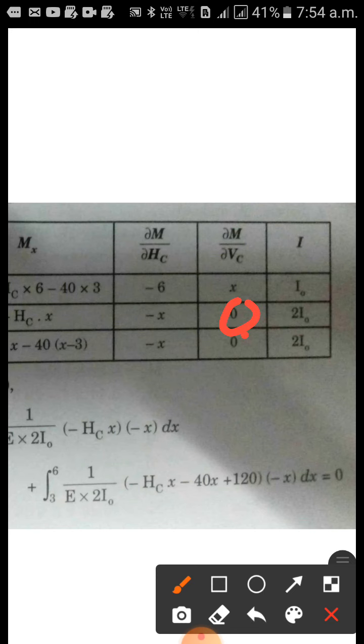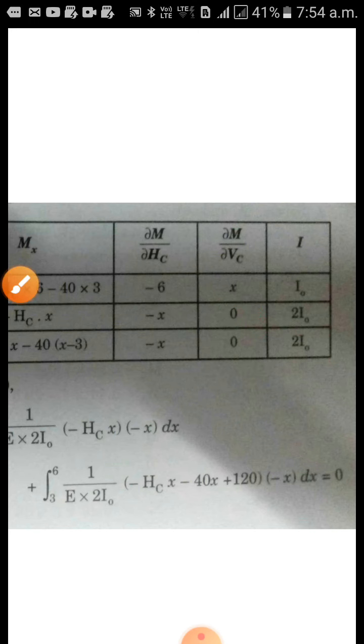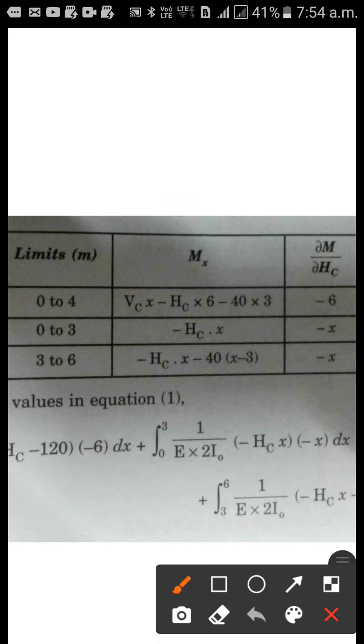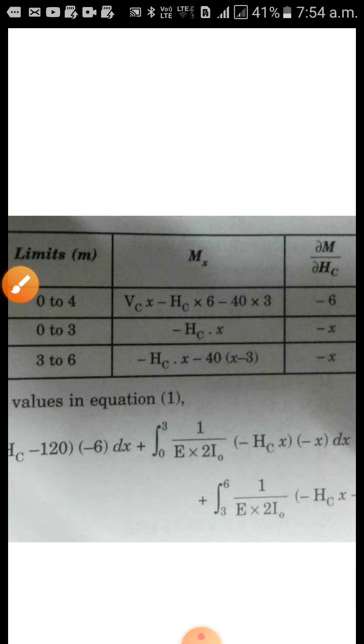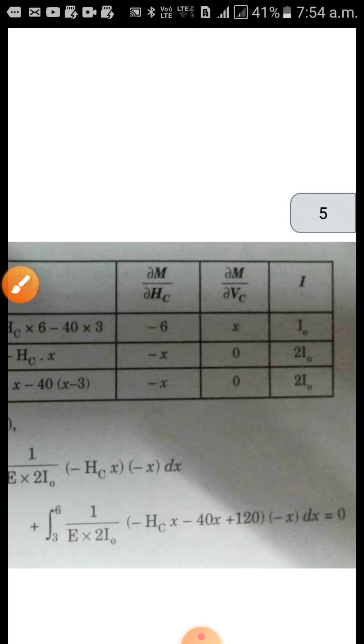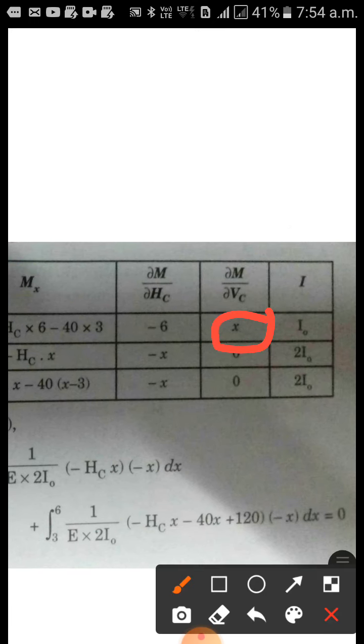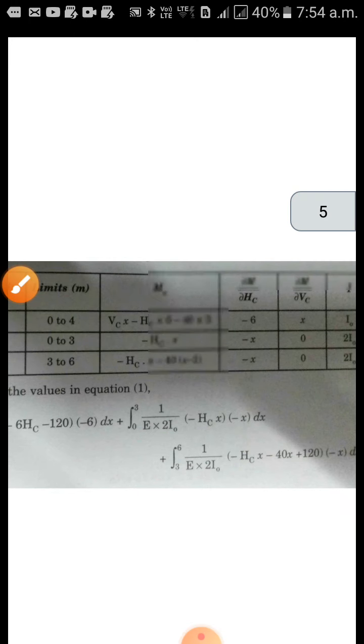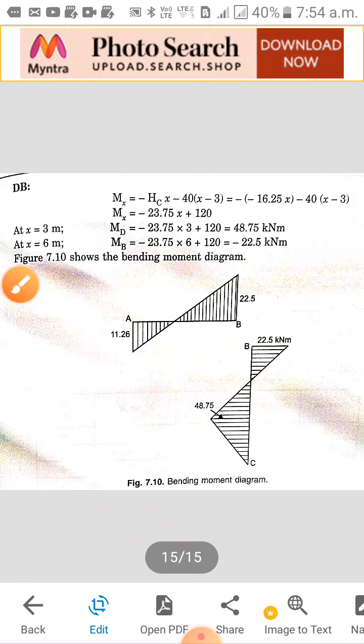So anything into 0 is 0. So you need to only multiply this value, M into x only. So this value into x only will be multiplied, other portions will be 0. So that has become easy for the second one.